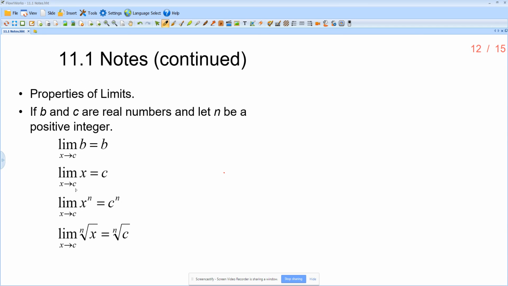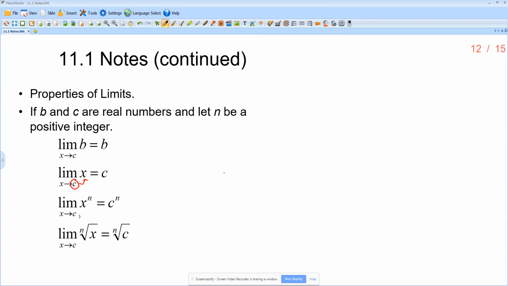The limit as x goes to c of x is c. And again, this is that idea of substituting in. If I took this c and substituted it into the function, I would get c. So if I said the limit as x goes to 5 of x, well, I substitute that 5 in, I get 5. So that's the limit.